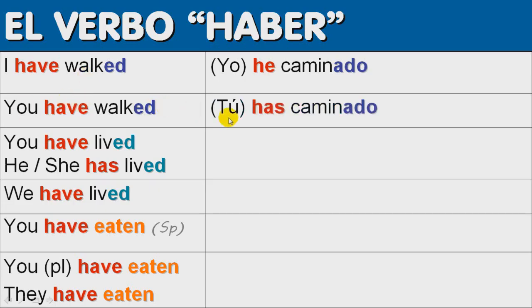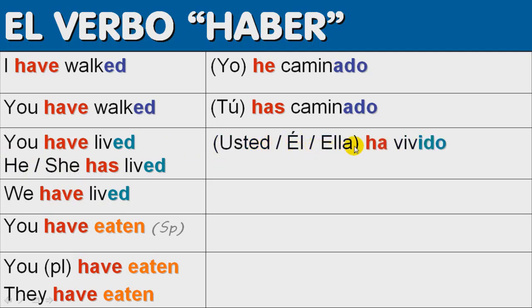You have walked, tú has caminado. You have lived, he or she has lived. Usted, él, ella ha vivido. In this case, the ending ido because vivir is an IR verb, and as we said before, for IR verbs we drop the IR and we add ido. We have lived. Nosotros hemos vivido.